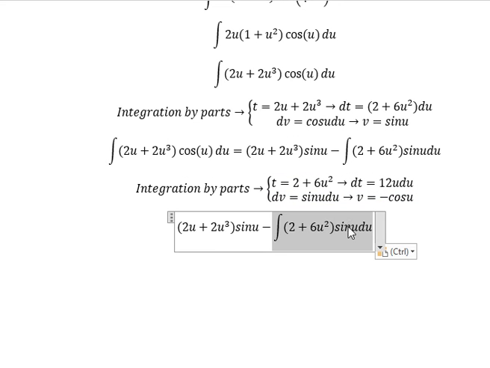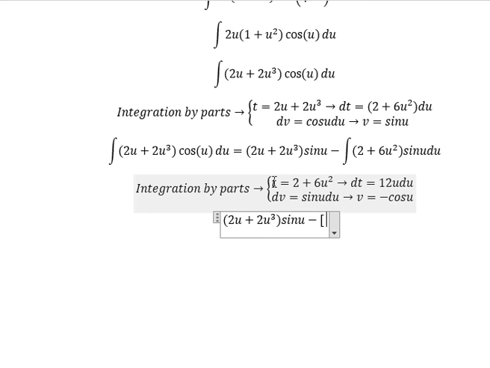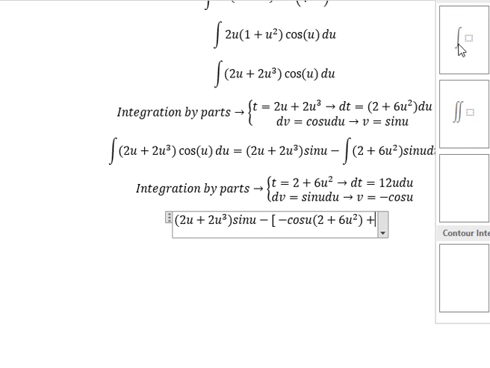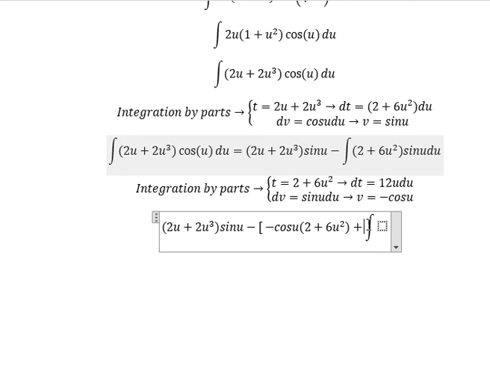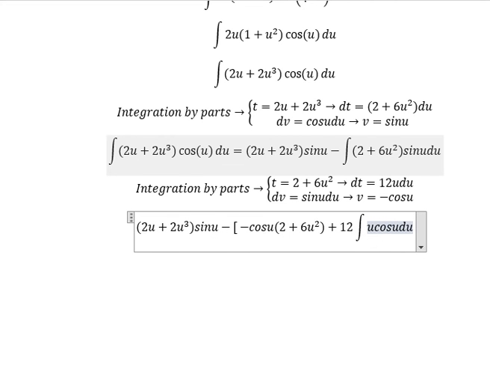So about this one, we got t multiplied by v. So you got negative cosine u multiplied by 2 plus 6u square. Because we had a negative in here, and we have another negative in here, so you got positive, and we have the integration 12u cosine u du.